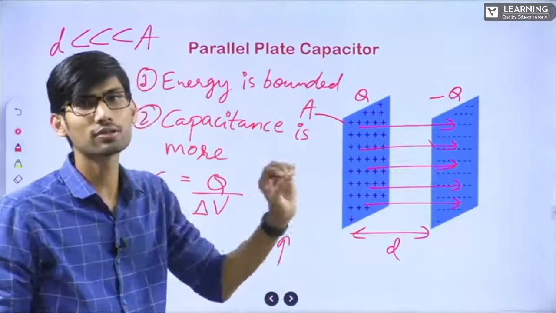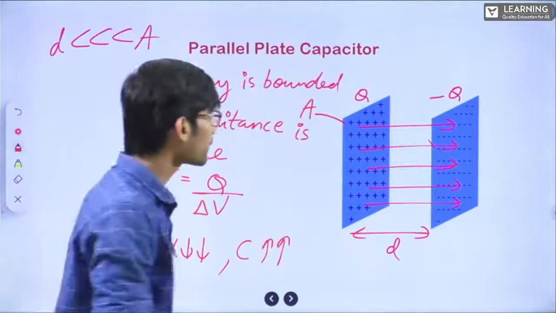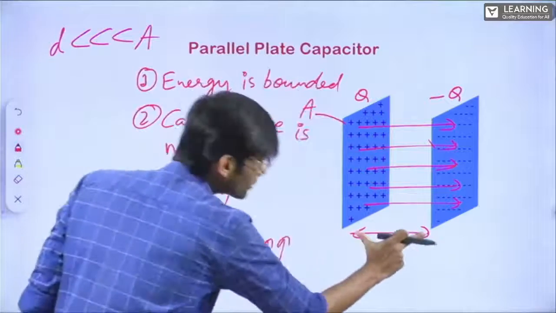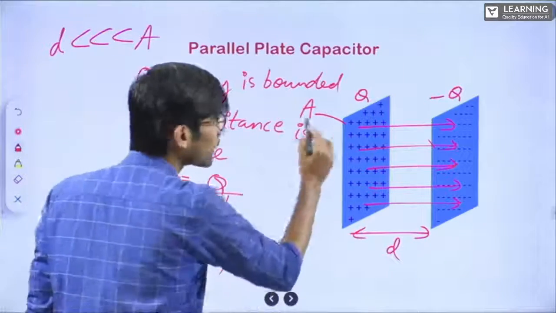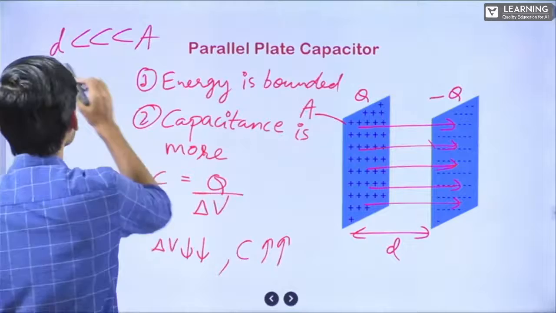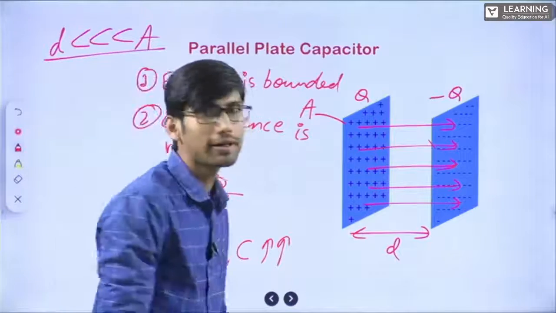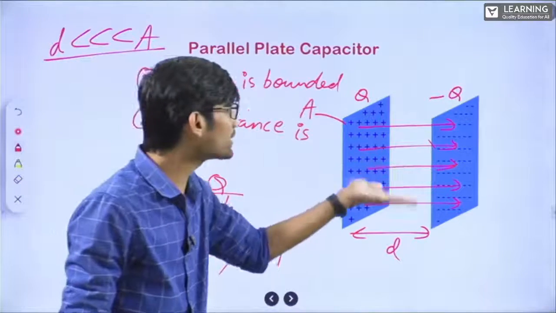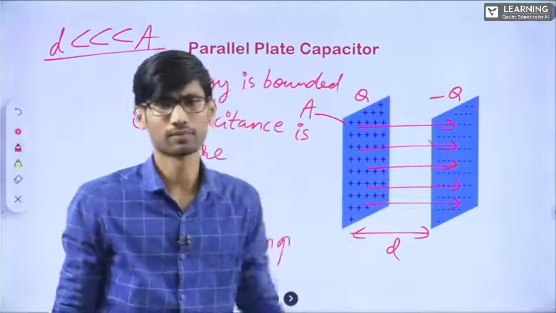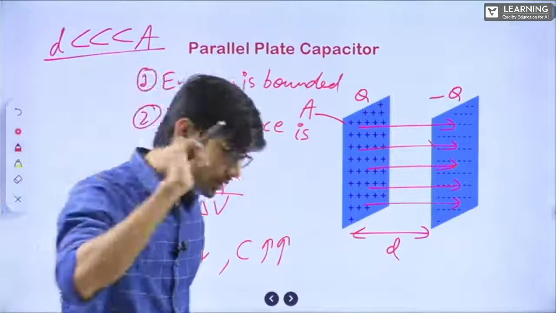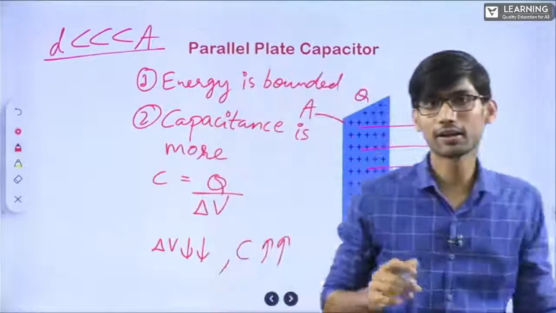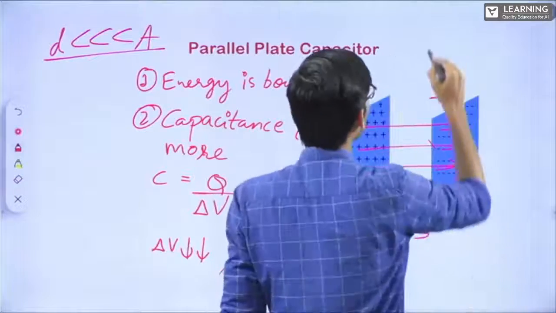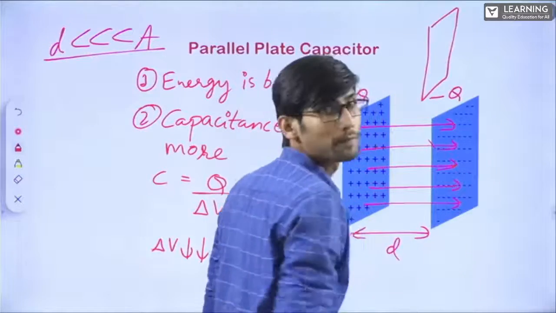In the spherical one, anyways, we saw 4 pi epsilon naught r, correct? Now here, it depends on this separation. It depends on the area also. Okay, and this D should be very much less than A. Why? Otherwise, these electric field lines will not be straight. If you remember the first chapter, electric field lines from an infinite plane sheet, how were they?